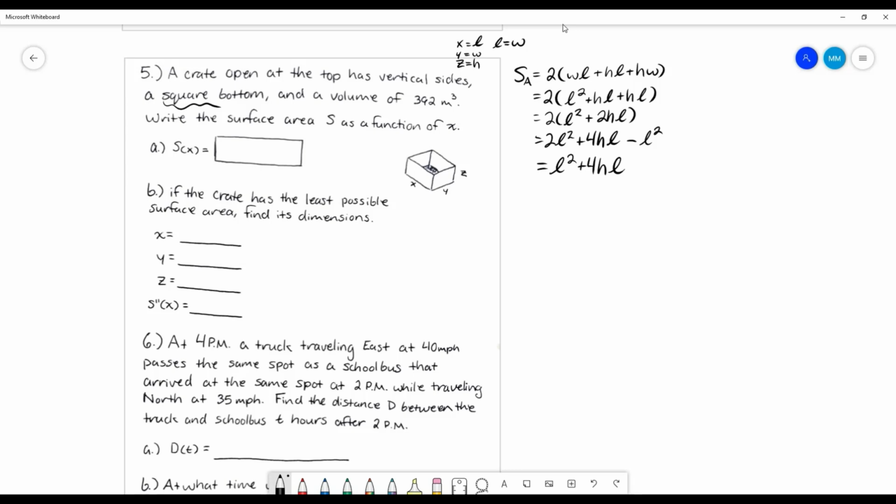Let's see, volume is also just the width times the height times the length, or in this case, just the length squared times the height. Okay. And the volume is 392.